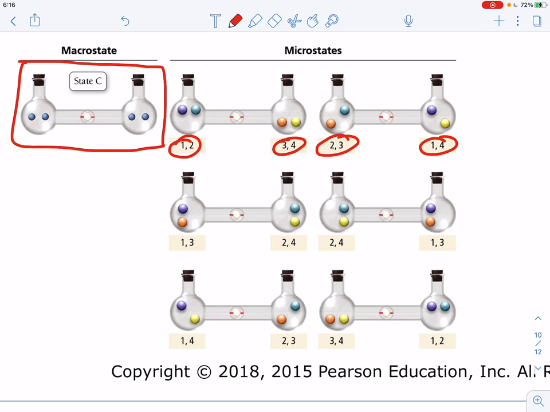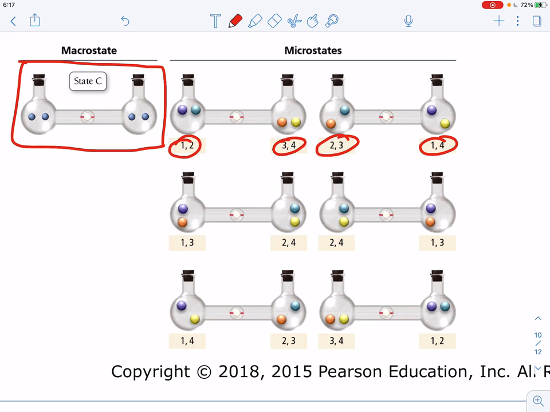What I want you to notice here is that those combinations are not the same. Molecules 1 and 2 on one side; in the other case, you have molecules 2 and 3. Yes, it's the same gas and everything, but remember, we are keeping the identity, the individuality, of each molecule intact.